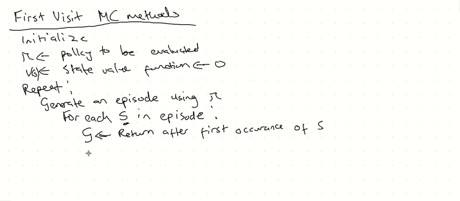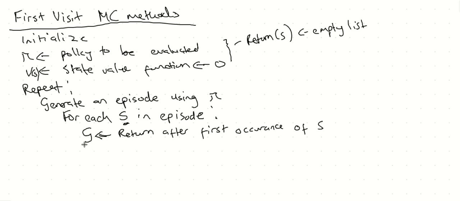So what are we going to do with this? Let me define a third variable called Returns(S), and let's just start this as an empty list. Just think of it as another variable in the initialization phase.